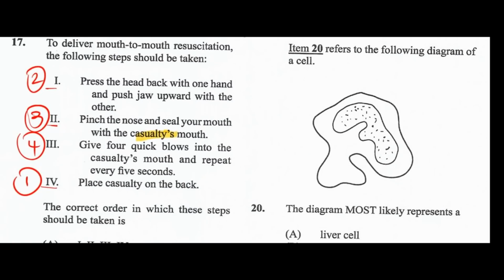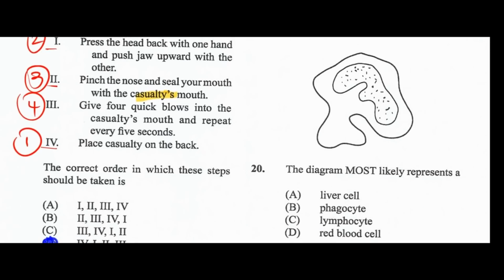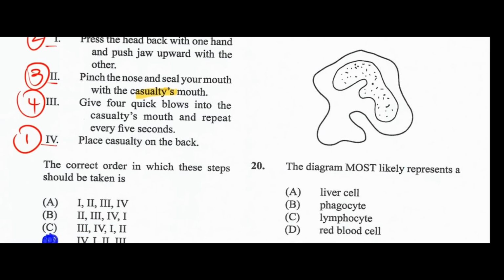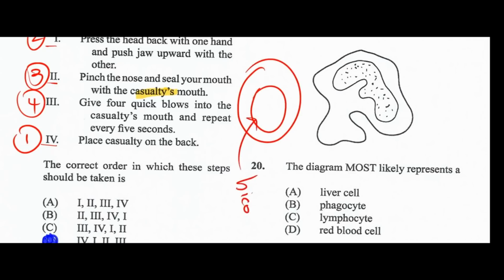Item 20 refers to the following diagram of a cell. So the diagram here is most likely a phagocyte. First of all, it's definitely not a red blood cell. Red blood cells are definite in shape, and we describe them as biconcave, because you have a little depression in the center. So it's not a liver cell.